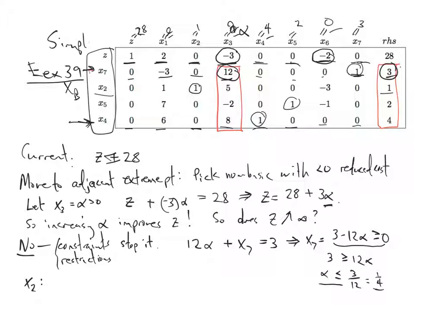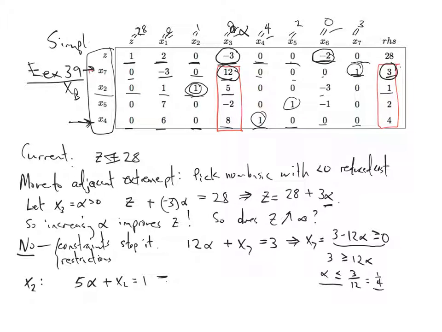Okay, the second constraint, for x2. So x1 is non-basic, 0, so we get 5 times alpha, the value of x3. Oh, I skipped right over it. So this actually says x2 plus 5 alpha equals 1. So we'll switch that around a little.